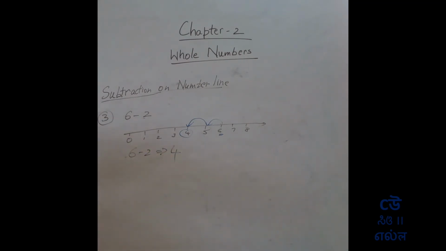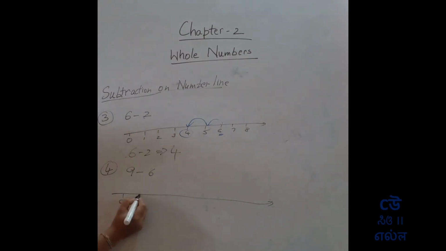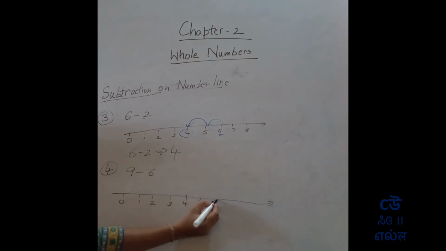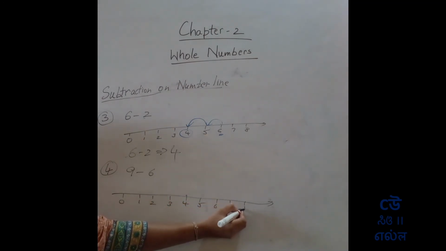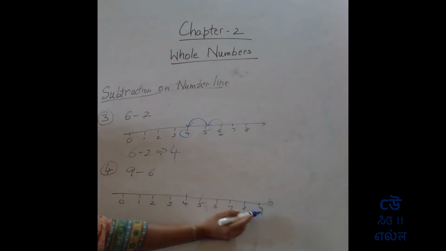Okay. Next, fourth problem. 9 minus 6. First draw the number line: 0, 1, 2, 3, 4, 5, 6, 7, 8, 9. So where is 9 on this? Here we have.